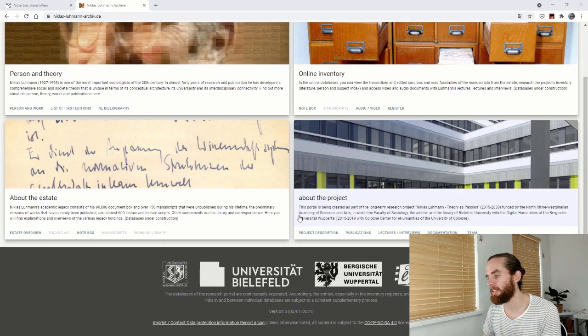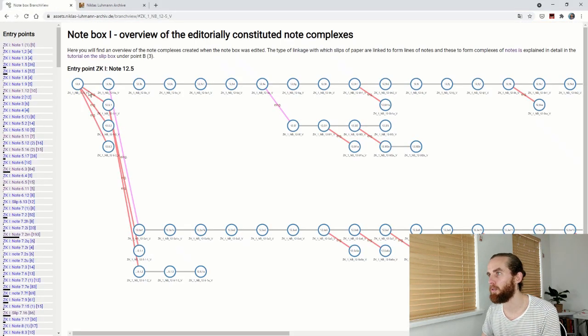But the coolest thing that I want to get into about Niklas Luhmann's system is this branched view of all his notes. So he had a very defined schema for how he went about his notes, where each note had an address in his slipbox, so in his Zettelkasten. And that was defined by a sequence of numbers and letters.